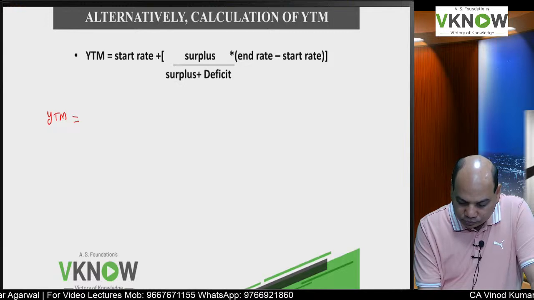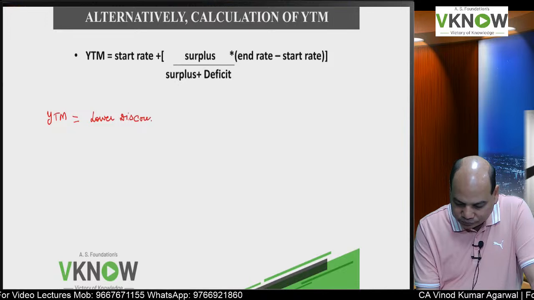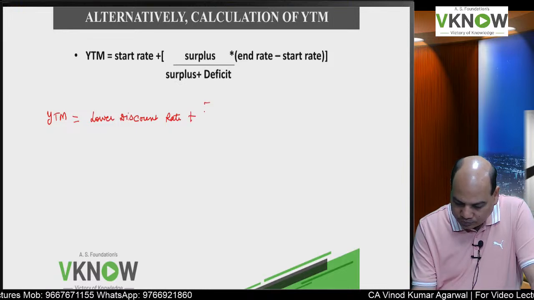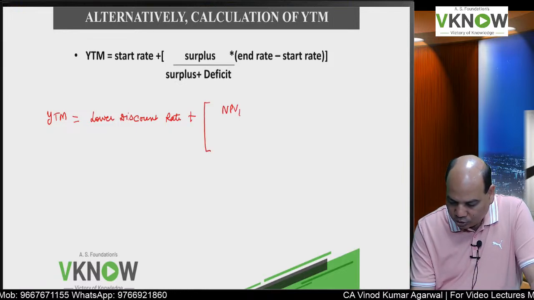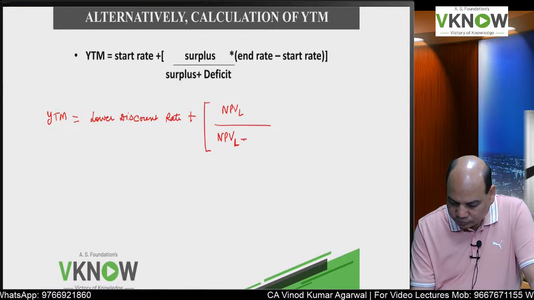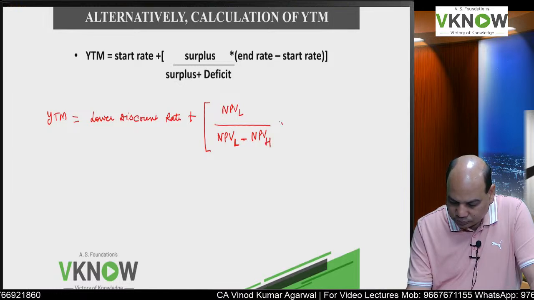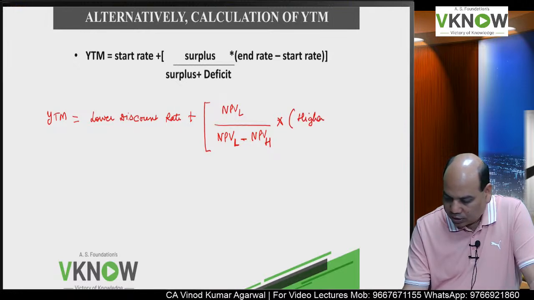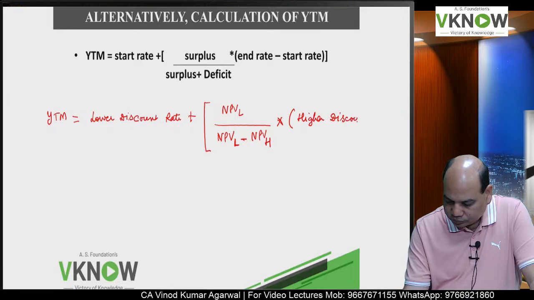YTM is equal to the lower discount rate plus NPV at the lower discount rate upon NPV at the lower discount rate minus NPV at the higher discount rate, into the difference between the higher discount rate minus the lower discount rate.